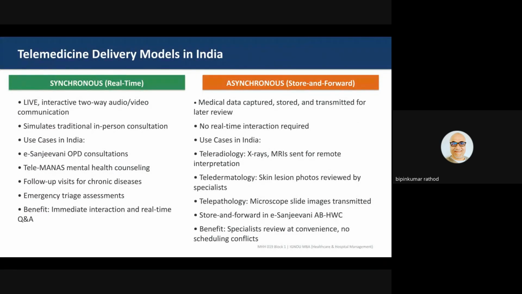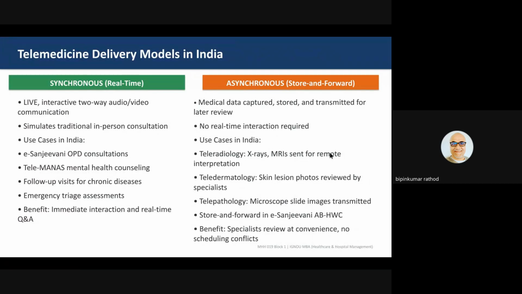Two models are working for us in India. One is synchronous, real-time telemedicine, and the second is asynchronous. The most useful asynchronous one I have come across is teledermatology.